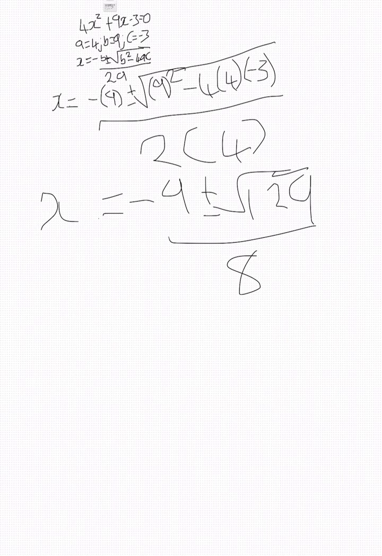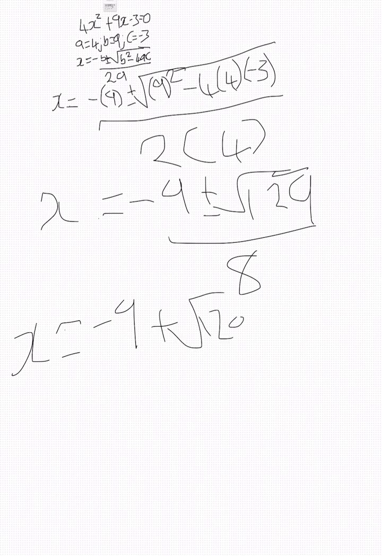And then from here, since they said you should correct to 2 decimal points, you should know that your first answer will be attained when you say x is equal to minus 9 plus square root of 129 all over 8.